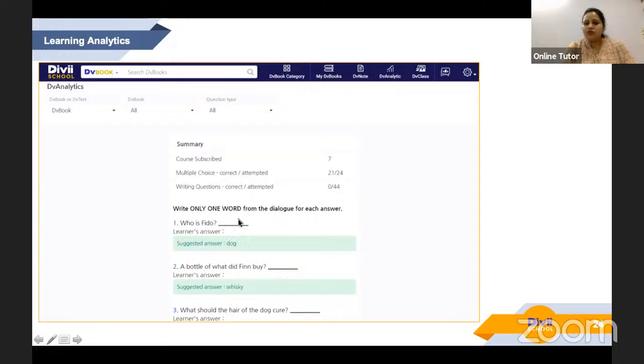This is how you get a check to your answers. You attempt your questions and you are provided with the correct answers once you submit your test. So you get to know your mistakes and you can improve for the future.